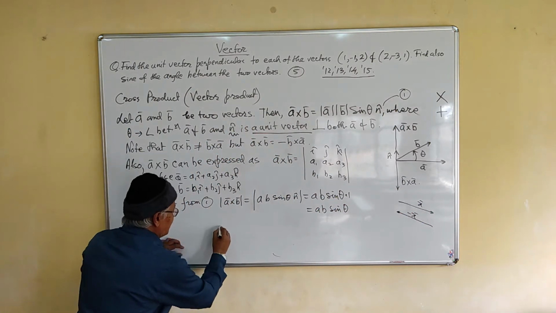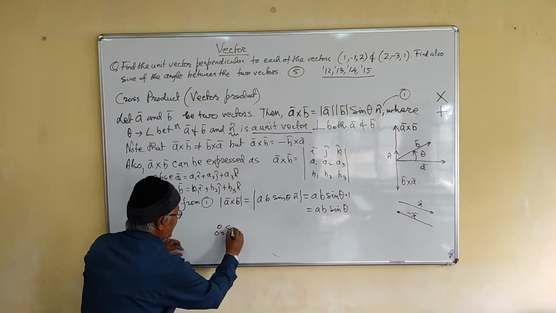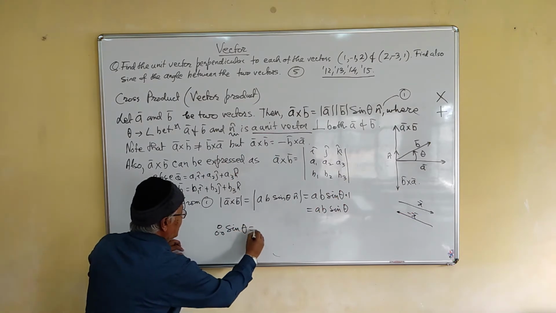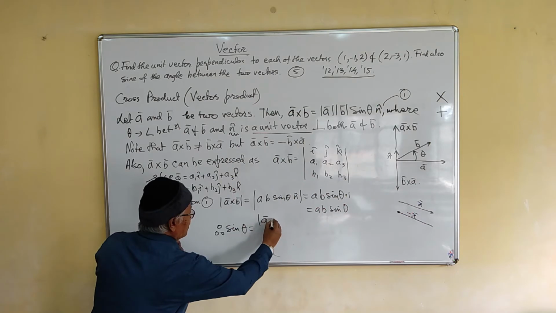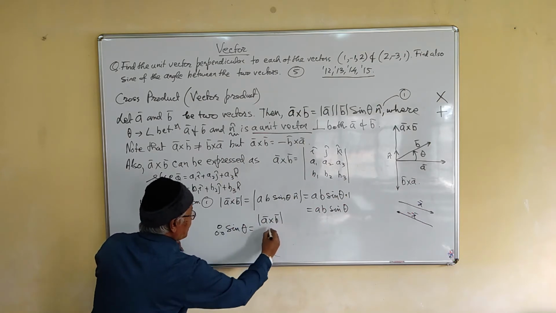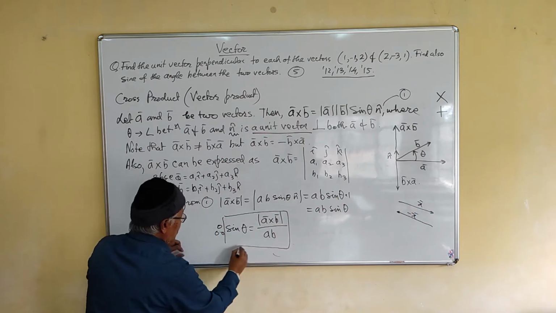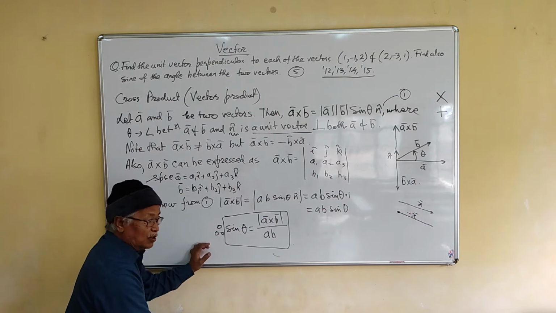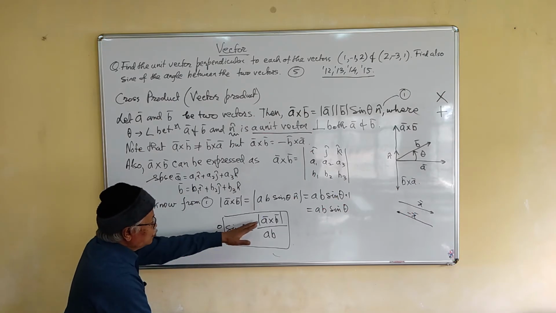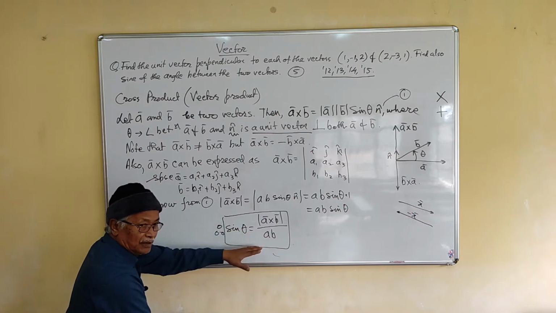So note down that therefore sine theta will be equal to the modulus of A cross B divided by AB. This is what you are going to do when you try to find out the value of sine theta when two vectors are given to you.